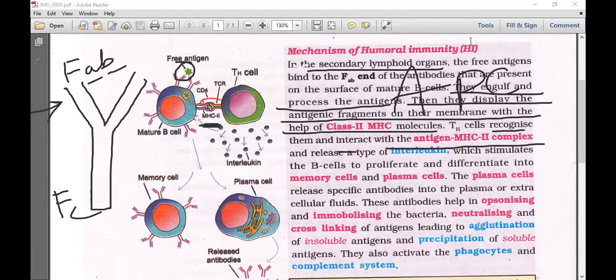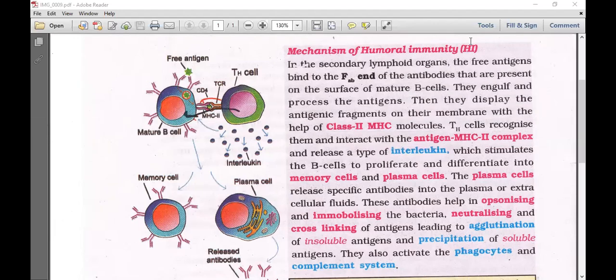You can see whatever the theory visualized here. It releases a type of interleukin. Interleukin is a language between the cells. They stimulate the B cells to proliferate and differentiate into plasma cells and memory cells. The plasma cells release specific antibodies into the plasma or extracellular fluid.